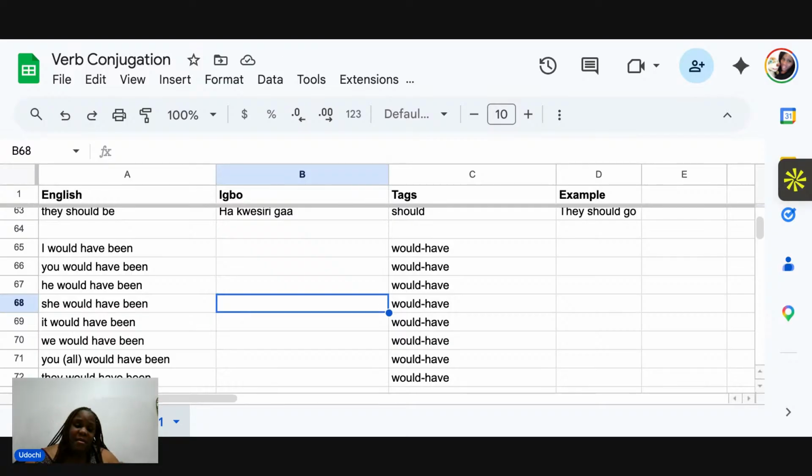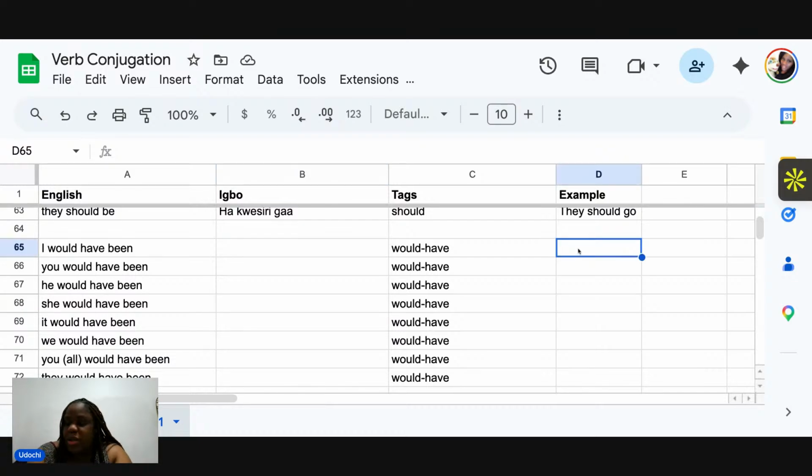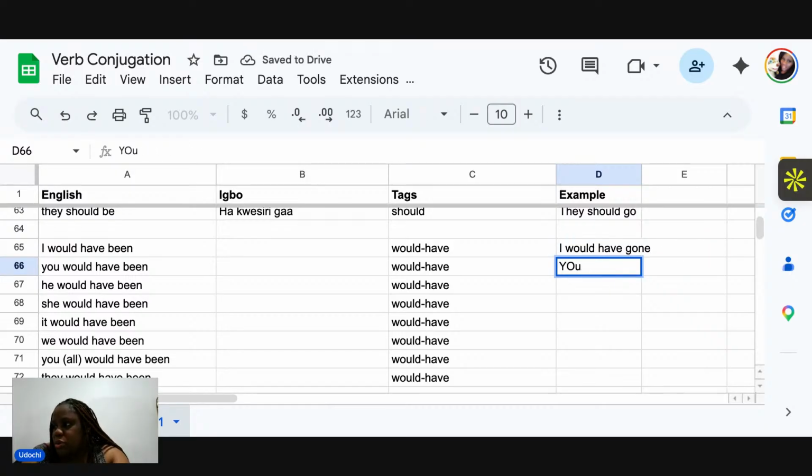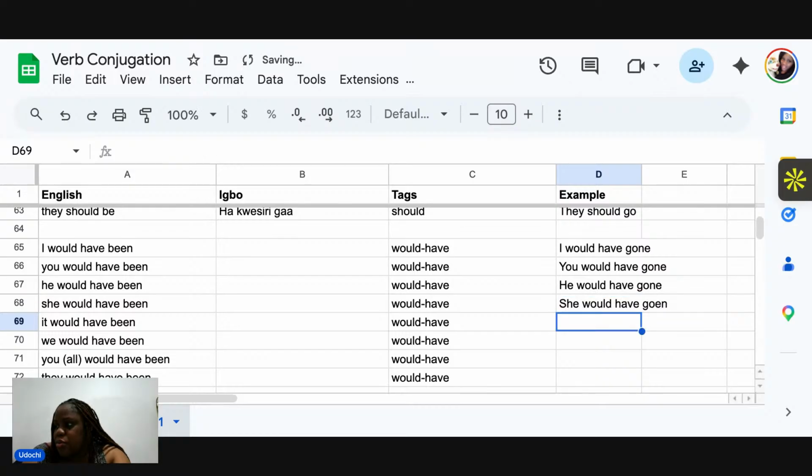I would have, right? I would have been. I would have gone. You would have gone. He would have gone. She would have gone. Spelled gone wrong by accident, typing too fast.